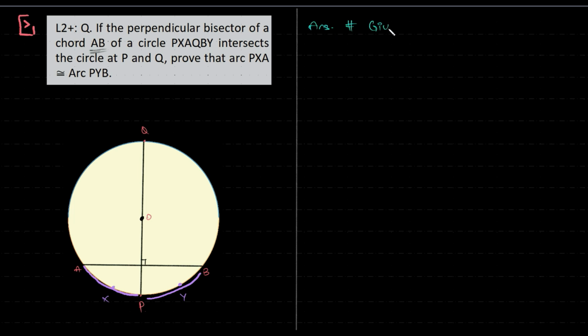So we have been given PQ is the perpendicular bisector of AB.